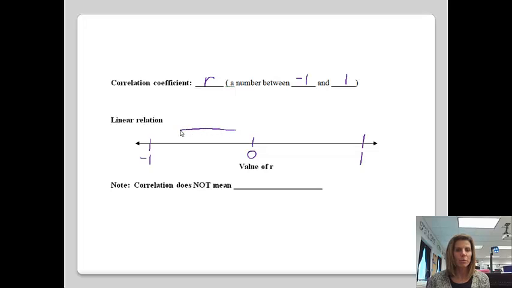As you move this way, it gets stronger, and as you move this way, that means there's a stronger relationship. There's more of a connection. You could predict something and actually get it right. So if it gets close to -1, it's stronger, and if it's closer to 1, it's stronger. And this would be a negative correlation, and this would be a positive correlation. So the closer you see the dots together, the stronger the relationship is going to be.